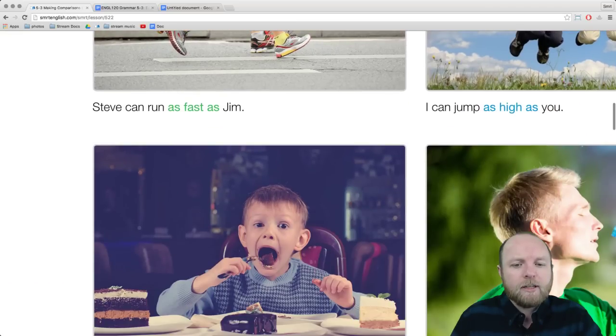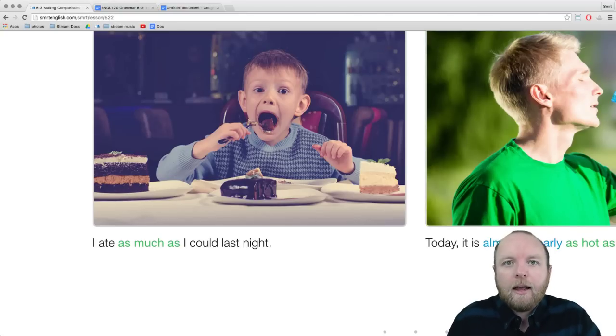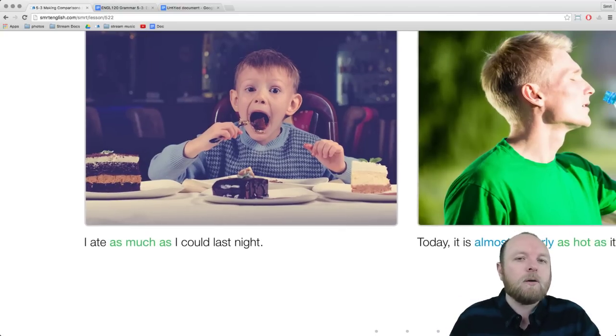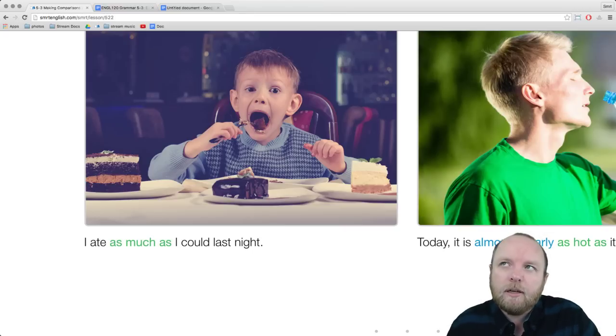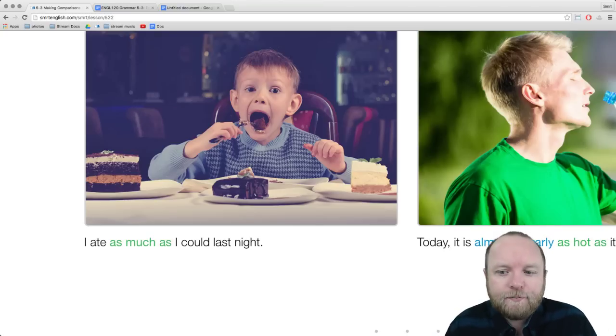Some more examples. I ate as much as I could. I ate as much as I could last night. This is really, really popular. I ran as fast as I could.